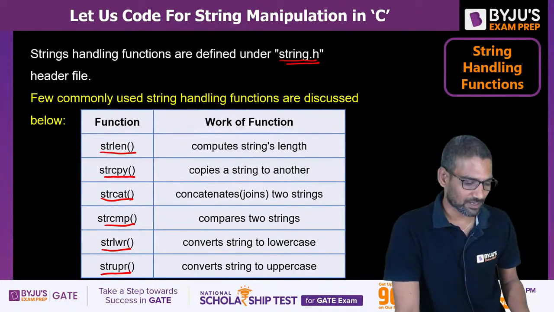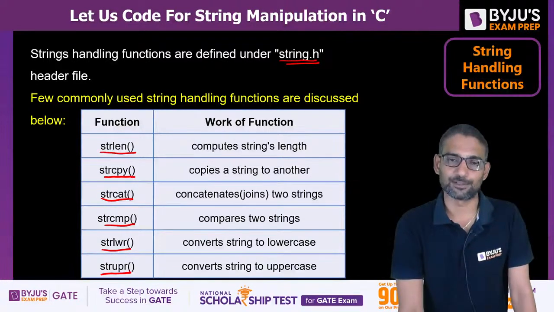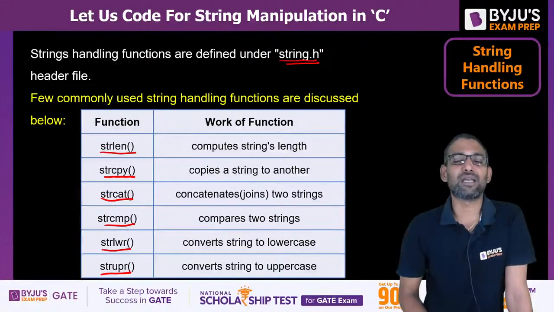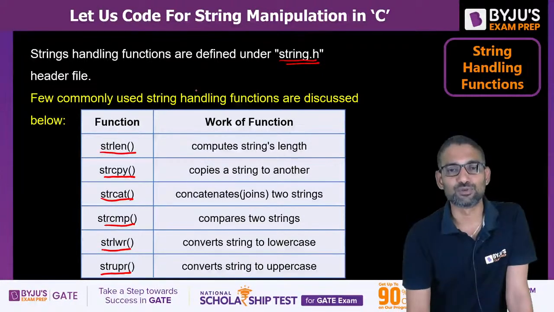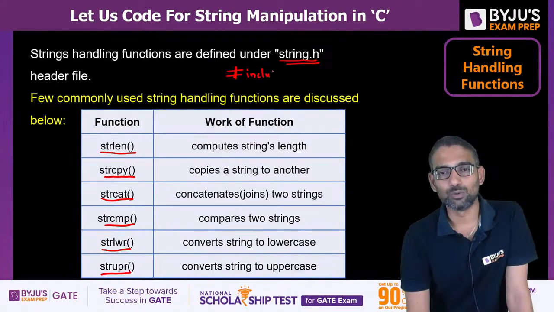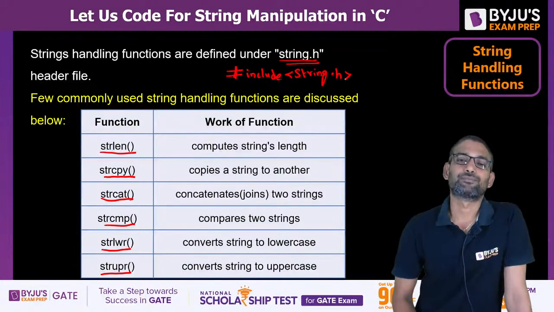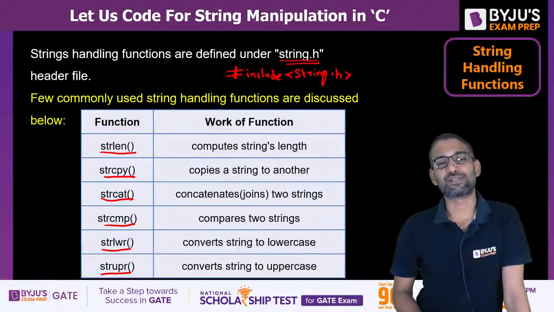In the same way, this is also one of the header files, string.h. So if we are using any of these functions in the program, we are supposed to include #include <string.h>. Then we can directly use these functions in the program.